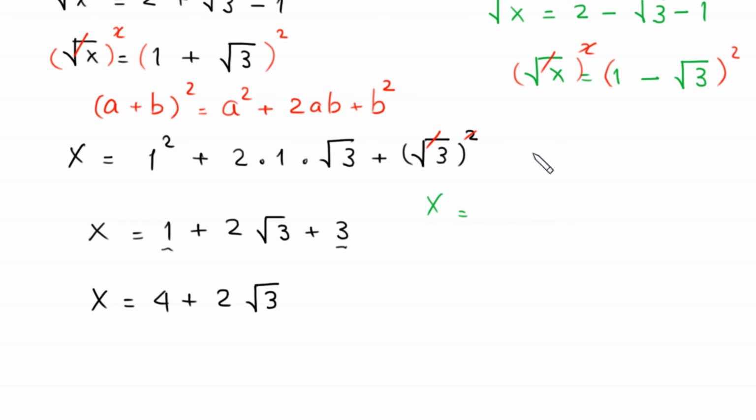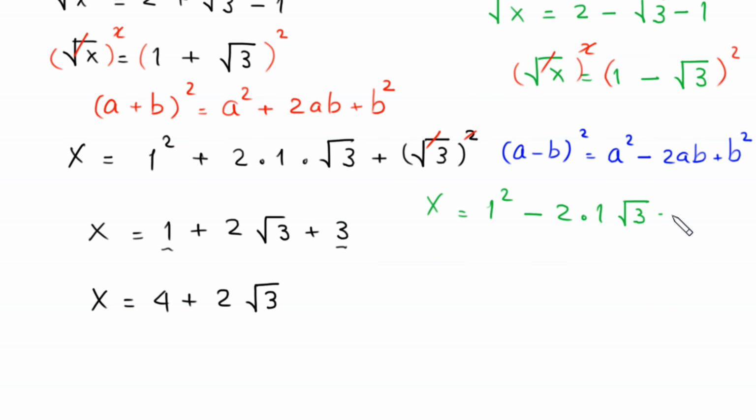by using the algebraic identity, a minus b whole squared is equal to a squared minus 2ab plus b squared. This 1 minus root 3 whole squared will become 1 squared minus 2 times 1 times root 3 plus root 3 whole squared.